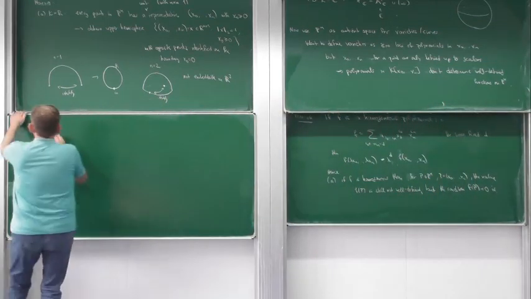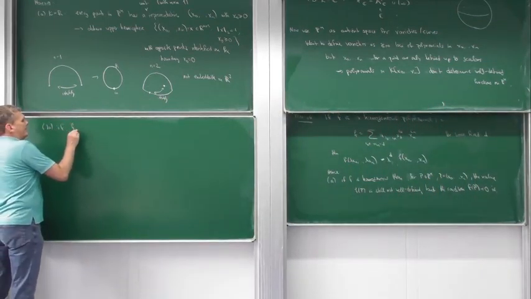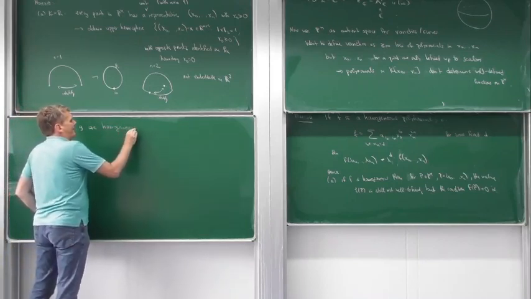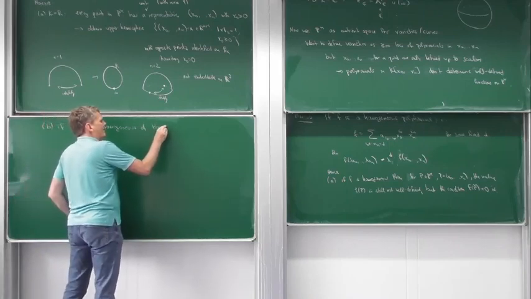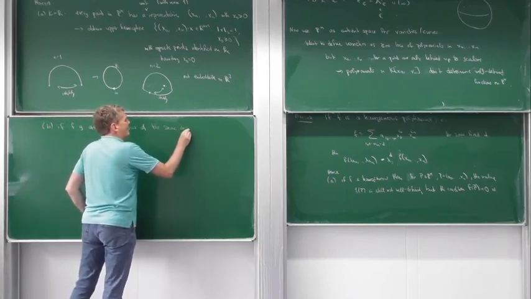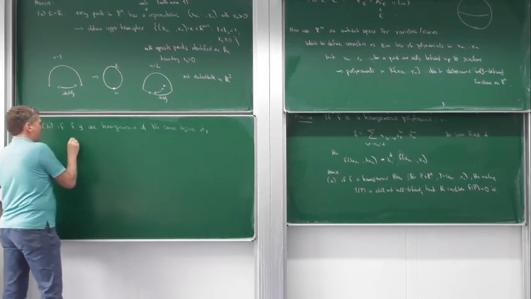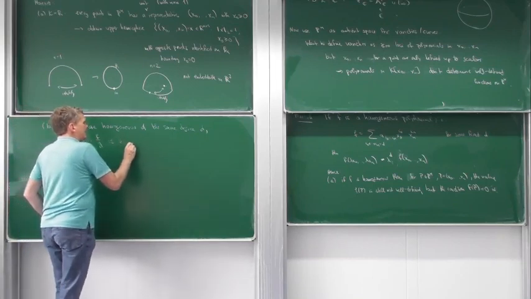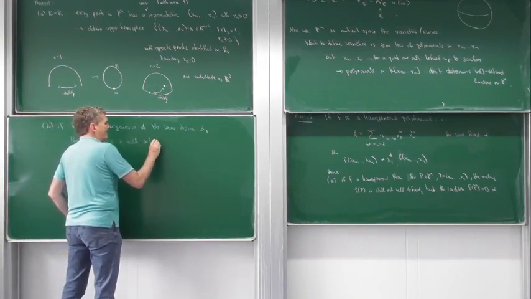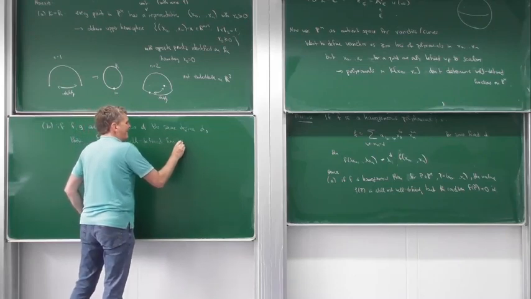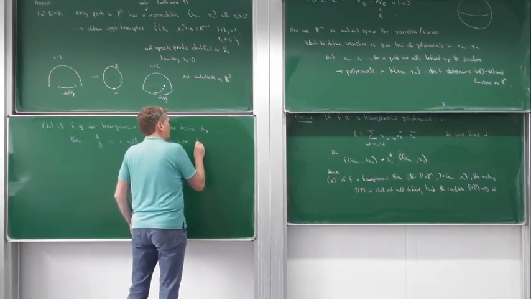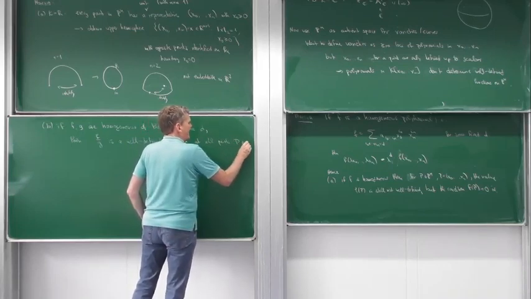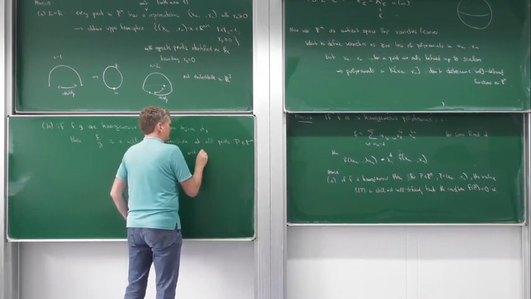So B: if f and g are homogeneous of the same degree d, then the function f over g is a well-defined function at all points P in Pn with g of P not equal to 0.